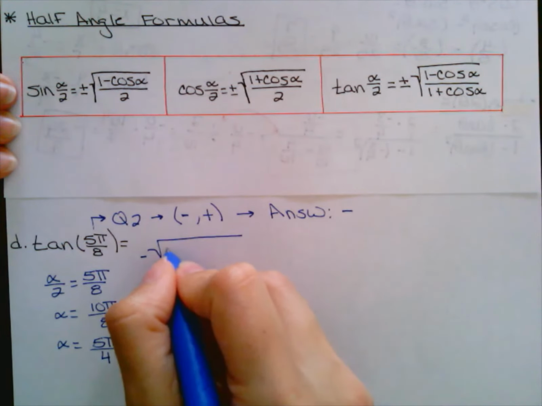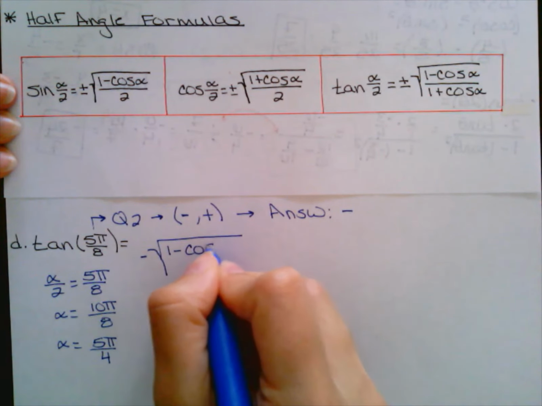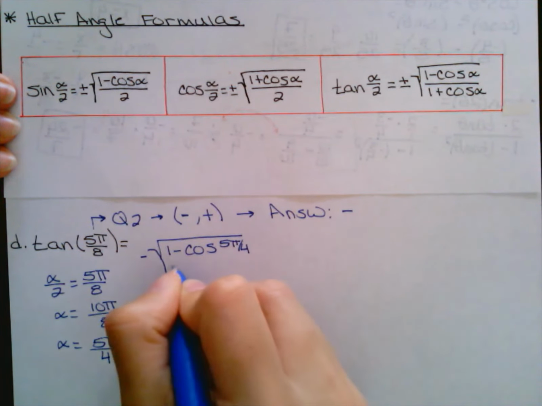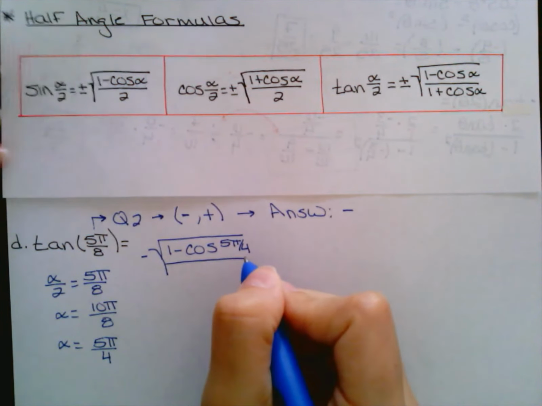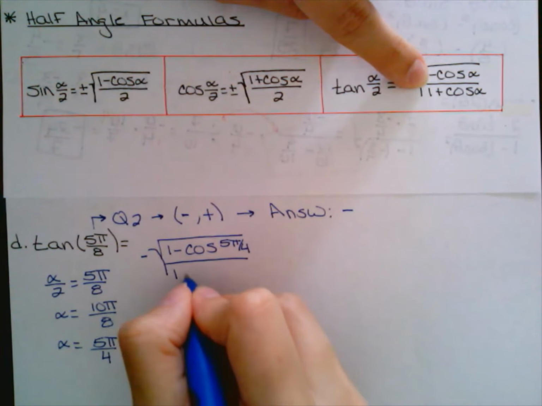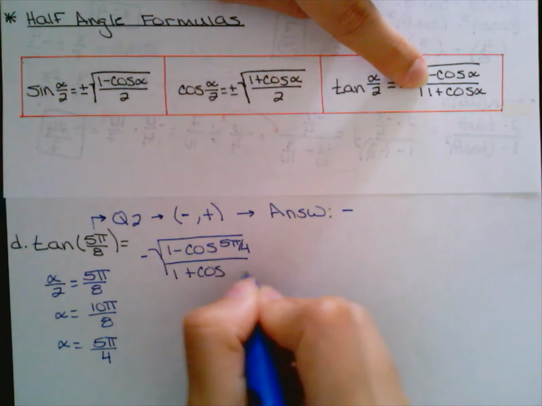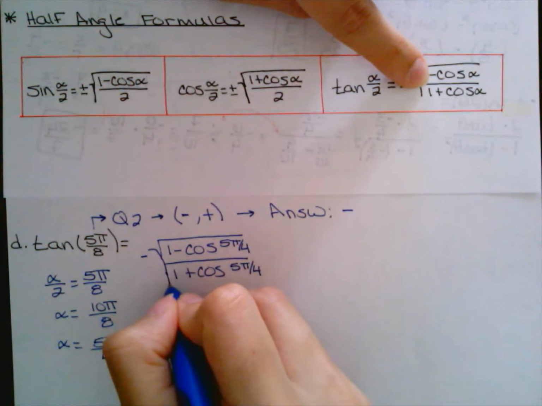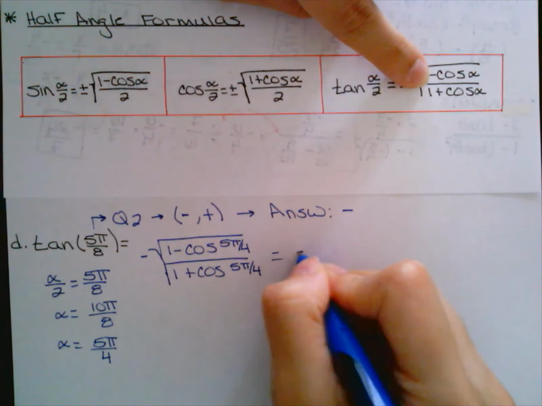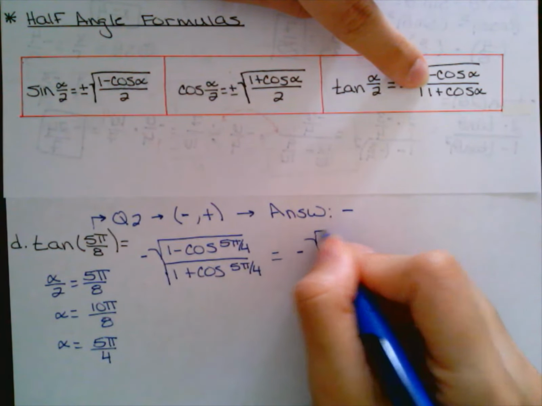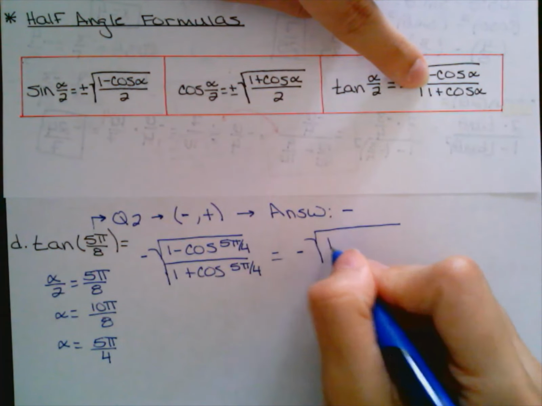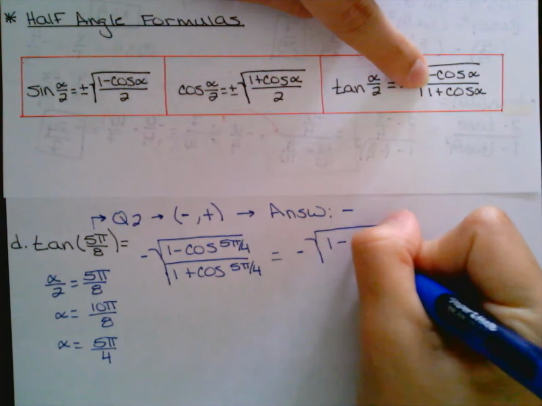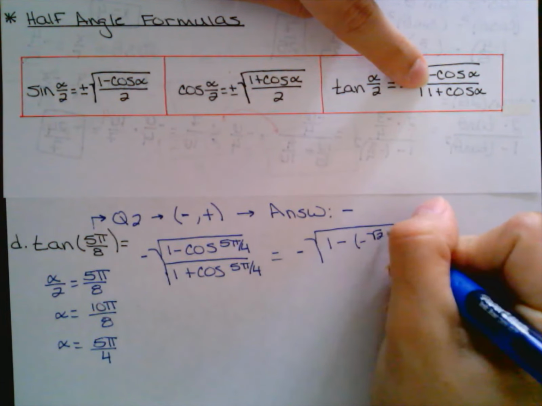And I have 1 minus cosine of 5 pi over 4 over 1 plus cosine of 5 pi over 4. Go to my unit circle. Cosine of 5 pi over 4 is a negative radical 2 over 2.